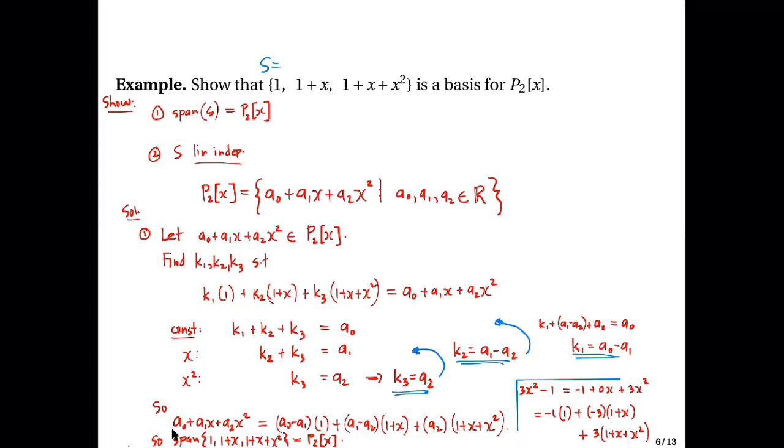For linear independence, just like the previous solution, we use the zero polynomial. Okay? We use the zero polynomial. So we want to show now number 2.